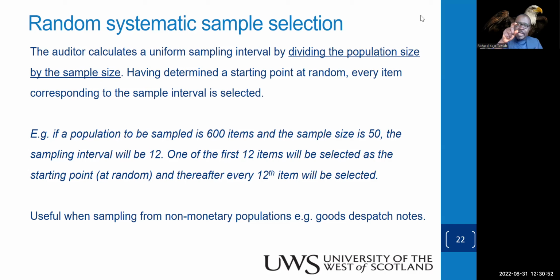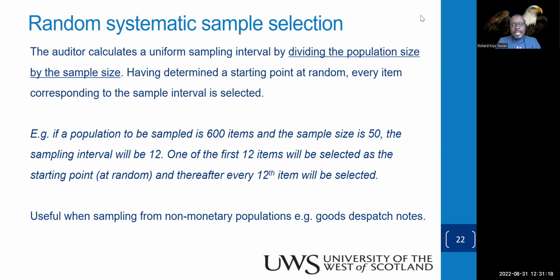So 12 becomes the indicator. Now, the first item you choose, you will use random sampling. A computer-generated system will choose the first item for you. Before you start, you have to rearrange the items in a logical sequence from the lowest to the highest, in ascending order.